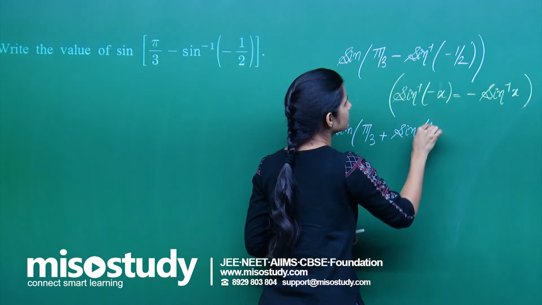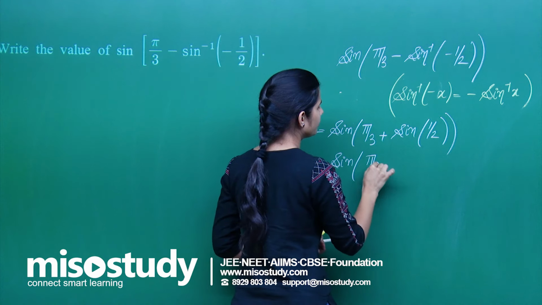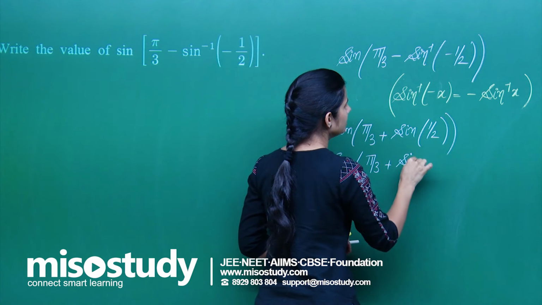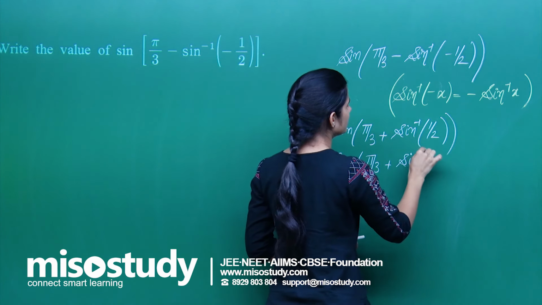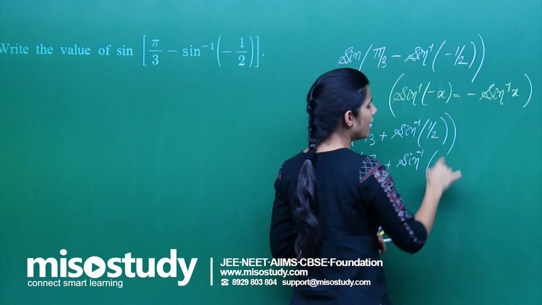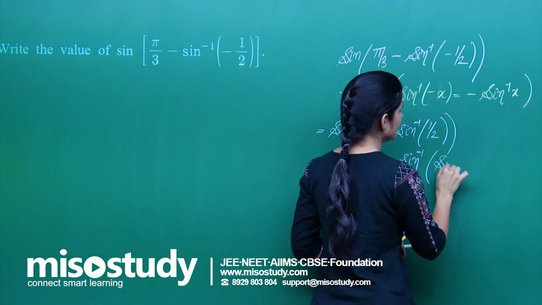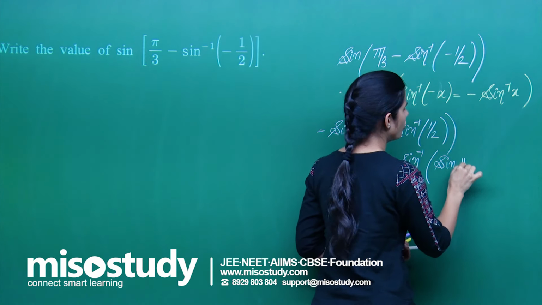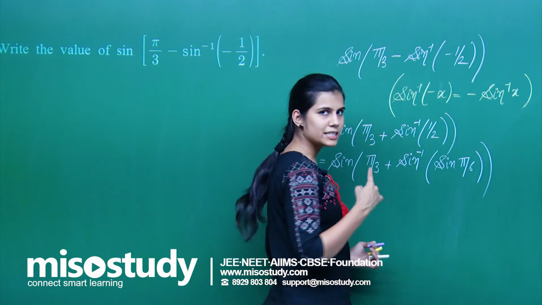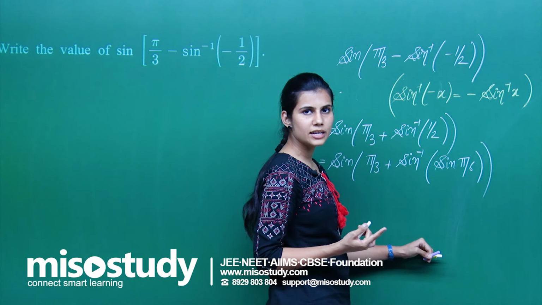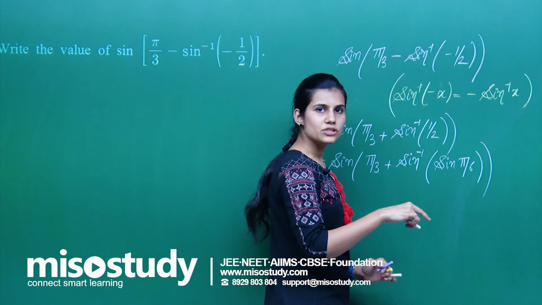Then it is sine of pi by 3 plus sine inverse of half. Sine inverse of half can be written as sine 30 or sine pi by 6. Sine inverse of sine theta is theta if theta belongs in the closed interval minus pi by 2 to pi by 2, which I just had written, and pi by 6 is very much inside the interval.